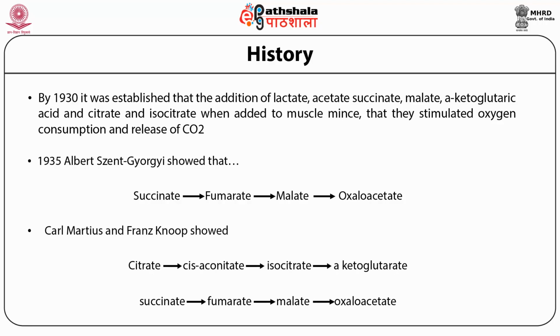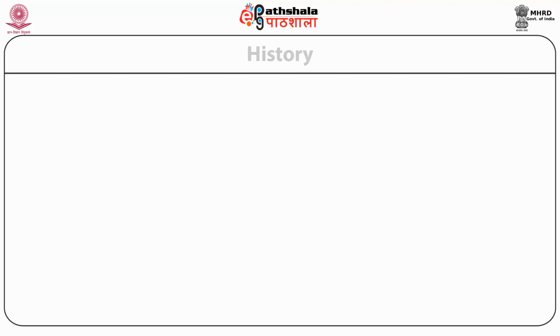Carl Martius and Franz Knoop explained the conversion of citrate to cis-aconitate, cis-aconitate to isocitrate, isocitrate to alpha-ketoglutarate, alpha-ketoglutarate to succinate, succinate to fumarate, fumarate to malate, and malate to oxaloacetate.